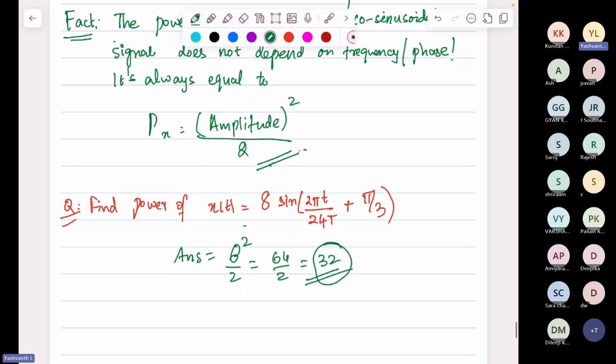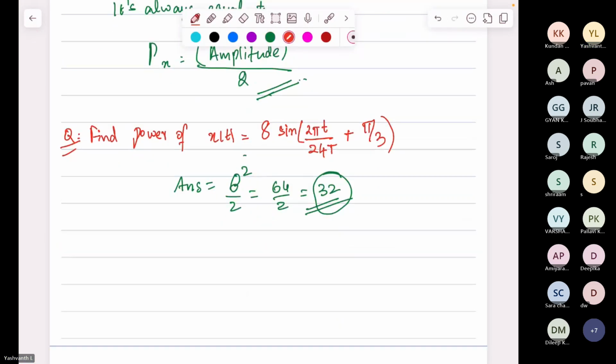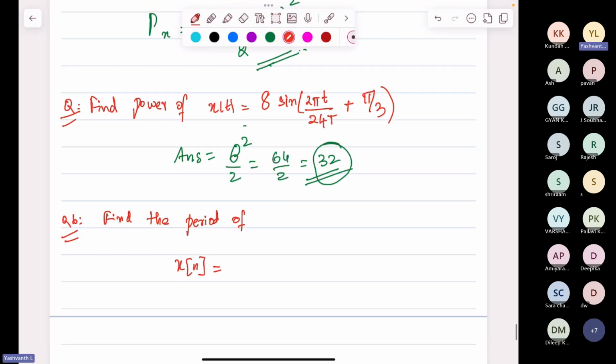Okay. Now the next question is question 6. Find the period of x of n. It's a discrete time signal. So for x of t I used curly braces, but I will now use square brackets for a discrete time signal, just to tell the difference.